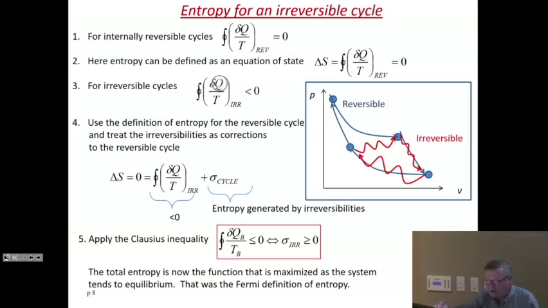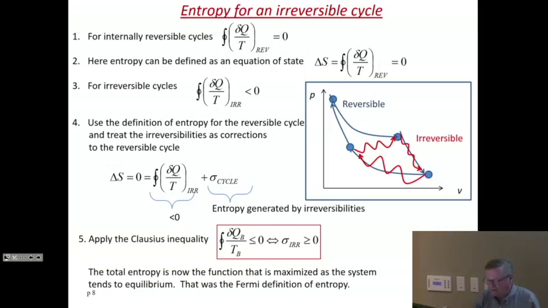It will be this integral of δQ over T for the irreversible path plus a correction factor, which will then make it possible for you to write this as dS is δQ over T over the reversible path plus the sigma.